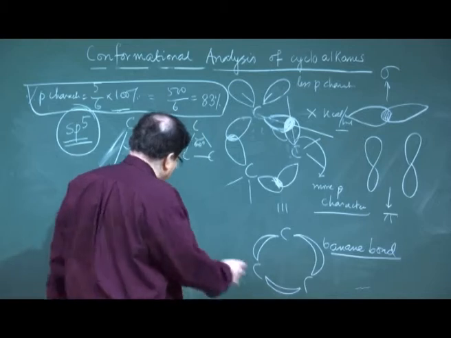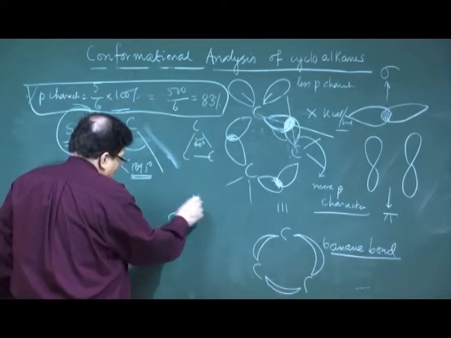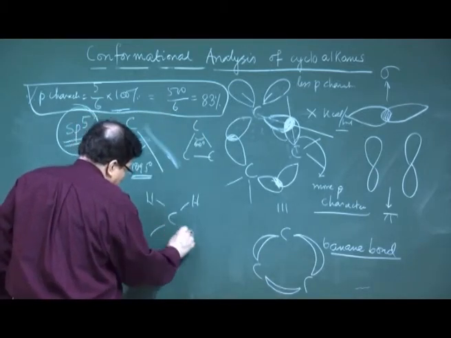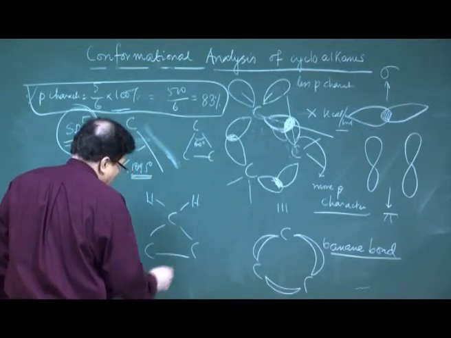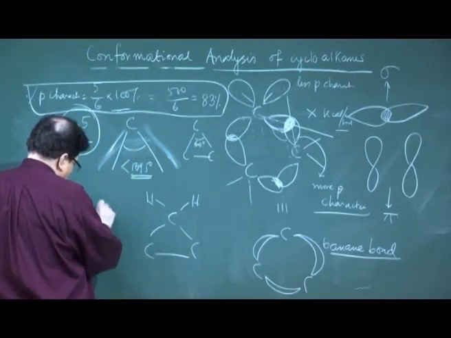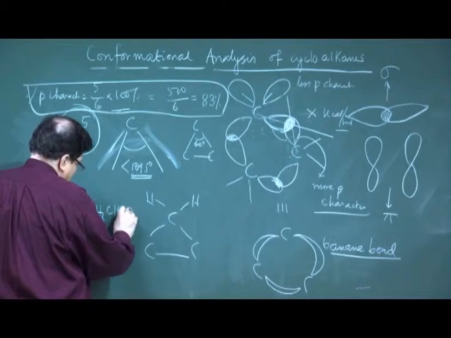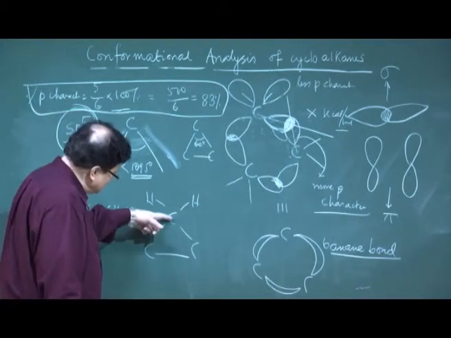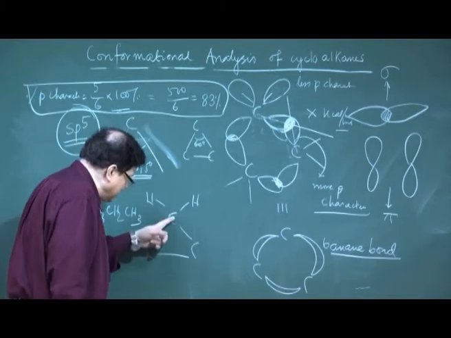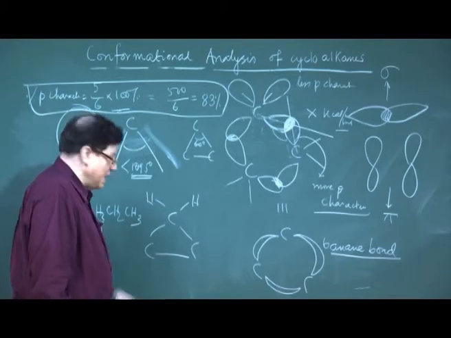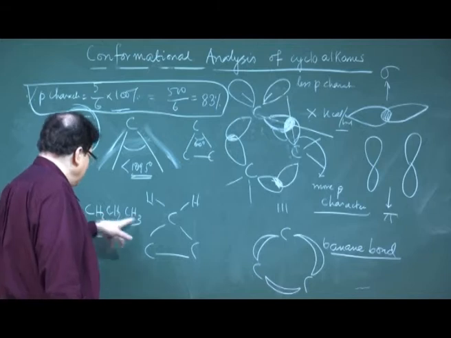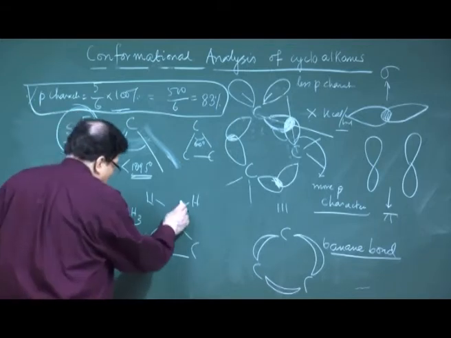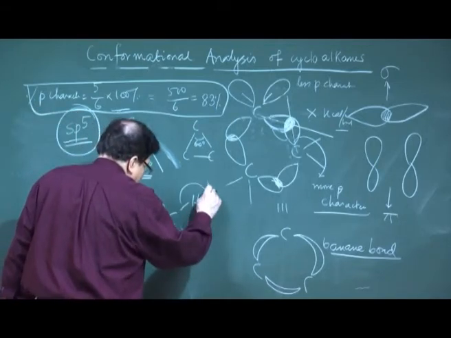That means, in cyclopropane, the CH bonds become stronger compared with a linear system, and the CC bonds become weaker, because this has got more p character and this has got more s character, as present in a linear system.